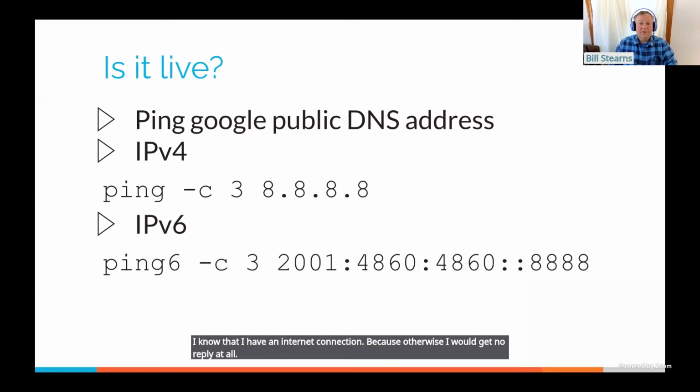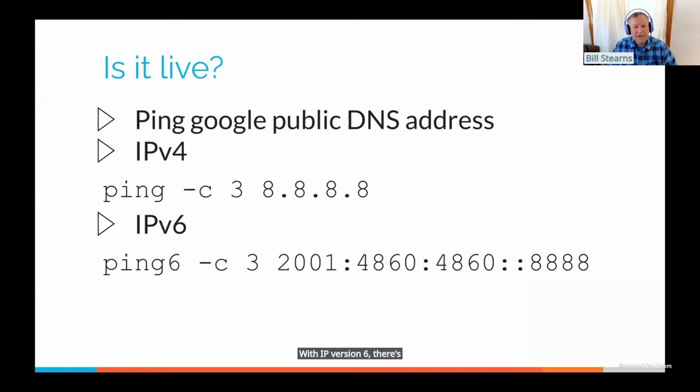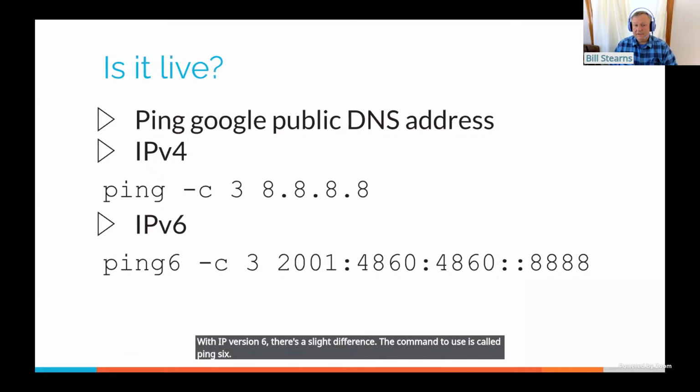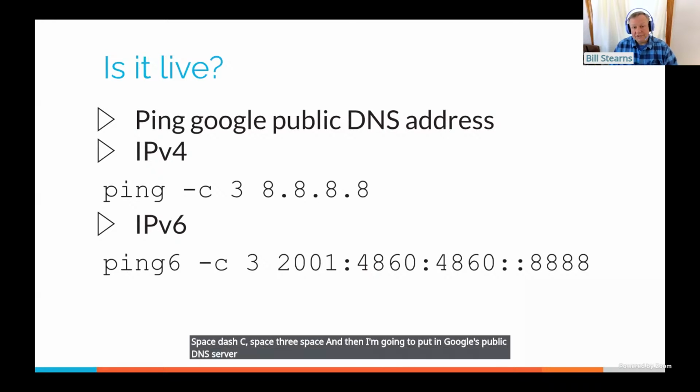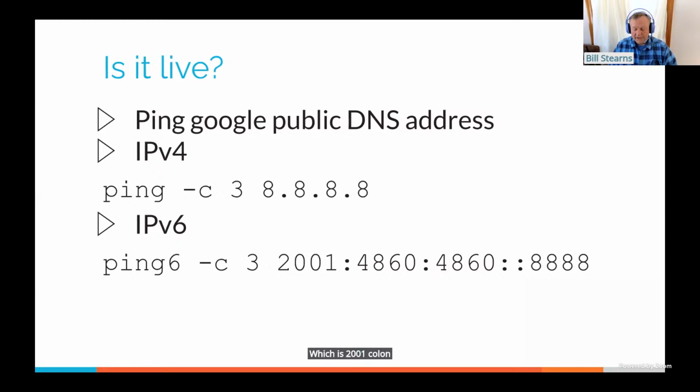With IP version 6, there's a slight difference. The command to use is called ping6. It does exactly the same thing, slightly different structured under the hood, but I'm going to do the same thing with ping6 space -c space 3 space, and then I'm going to put in Google's public DNS server in its IP version 6 form, which is 2001:4860:4860::8888.